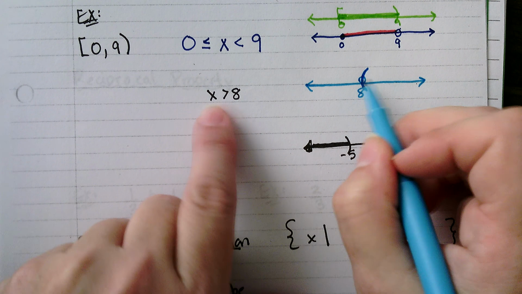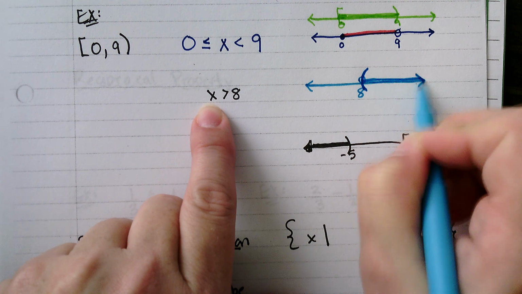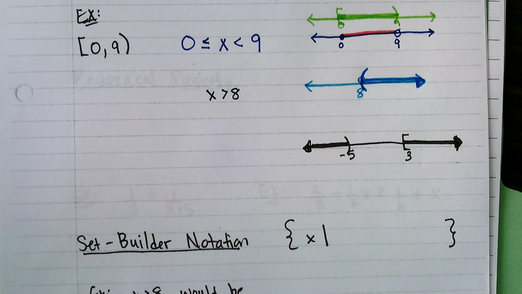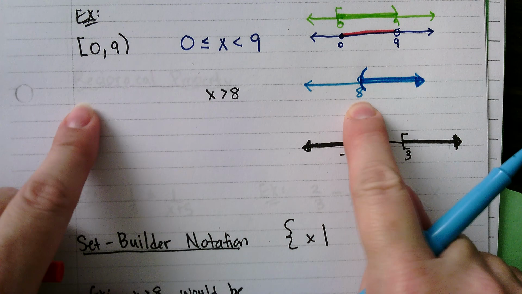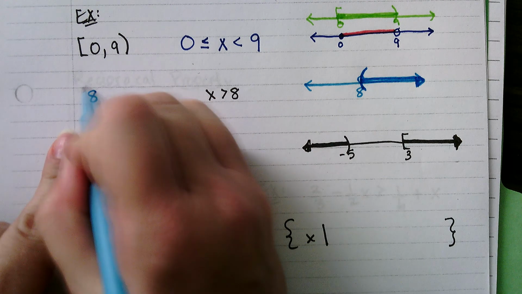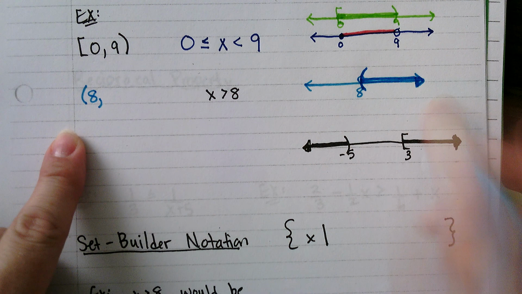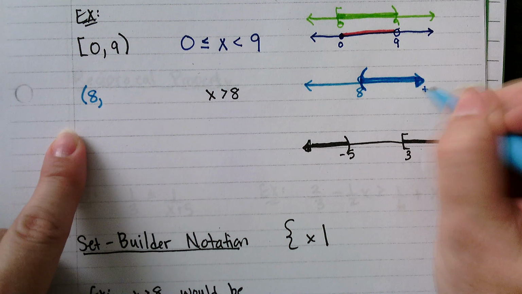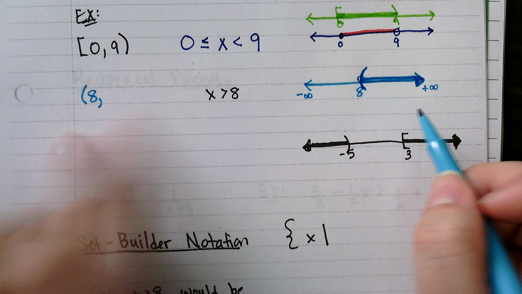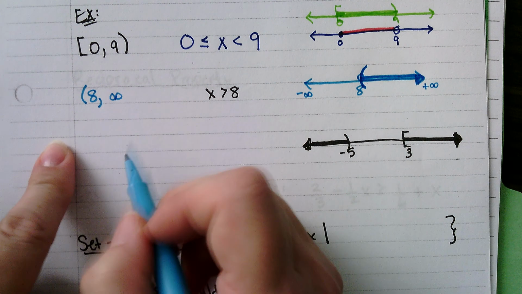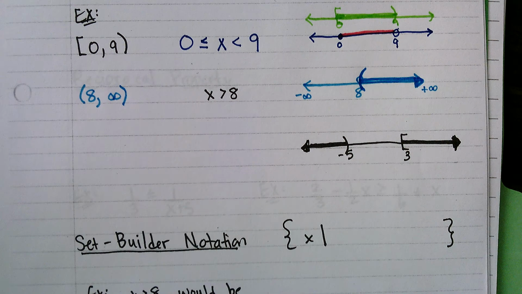So I'm going to put my variable trapped in between 0 and 9. Then I use whichever symbol matches with the dot on my number line. Since this one is a closed circle, that is going to be one of these two symbols. Since this one is an open circle, that will be less than or greater than.